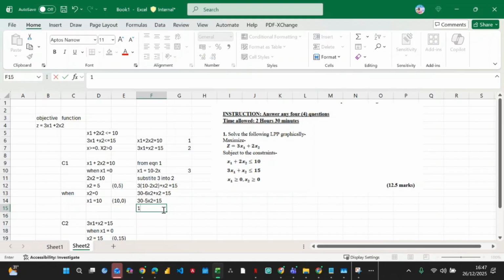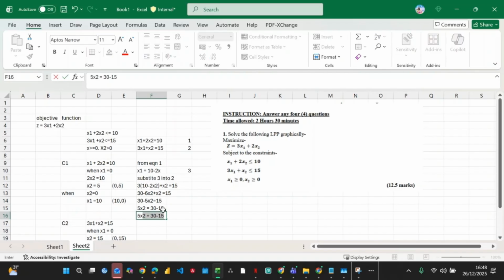So now we want to collect like terms. So we can say we have 5x2 is now equals to 30 minus 15.